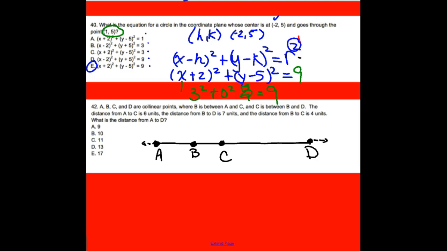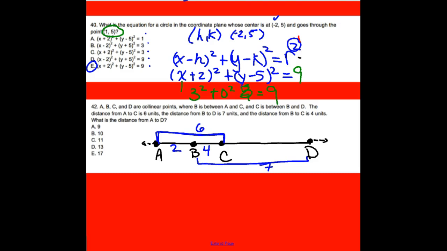The distance from A to C is 6. So we can go up here and bracket that off. A to C is 6. The distance from B to D is 7, so I'll put that on here. And from B to C is 4. Now, using the fact that this whole way is 6, I also know that this has to be 2, because AB plus BC has to equal 6.